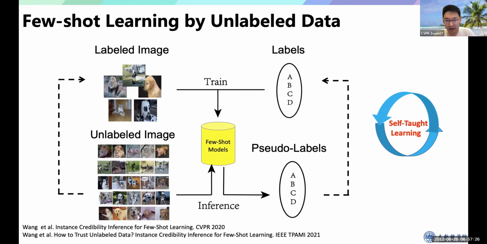That is very hard to do, as the pseudo labels are very noisy and the few-shot learning model is not trustable. So we'll show how to identify the credible ones from the noisy pseudo-label set.